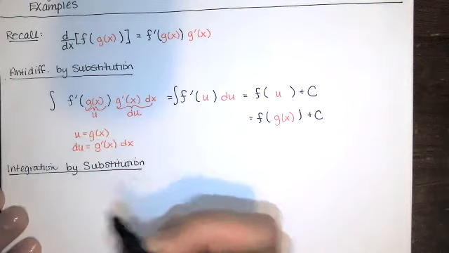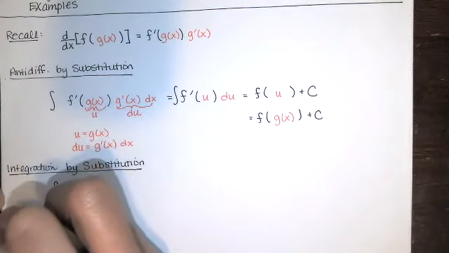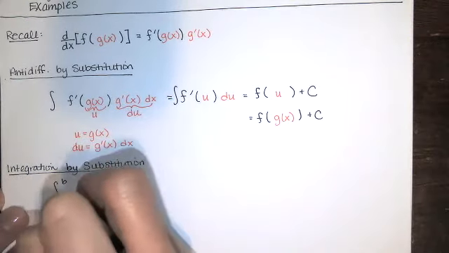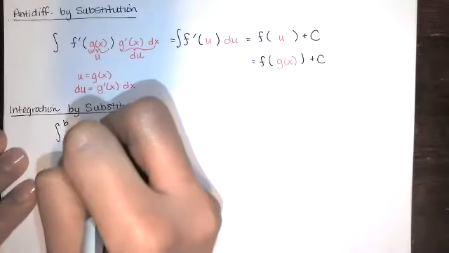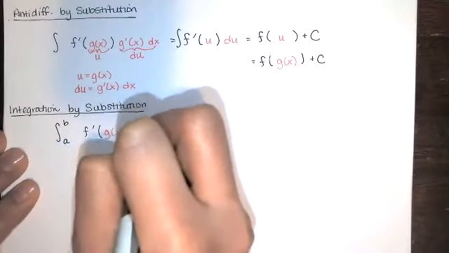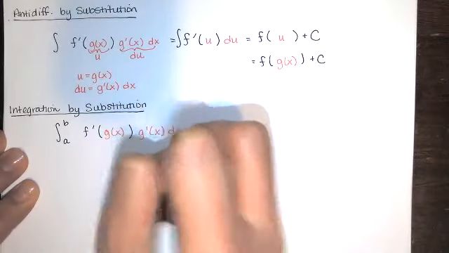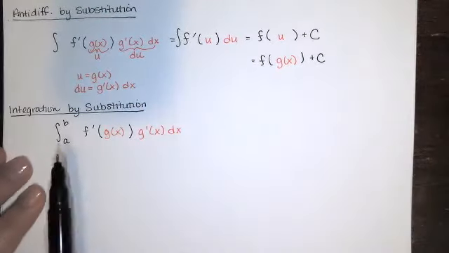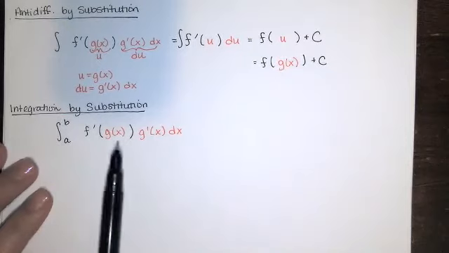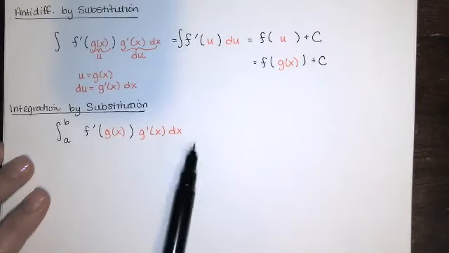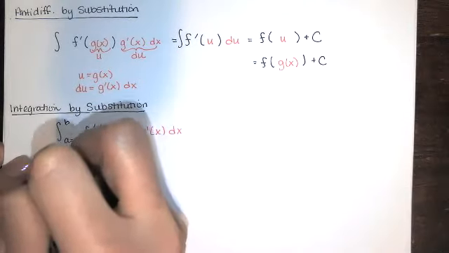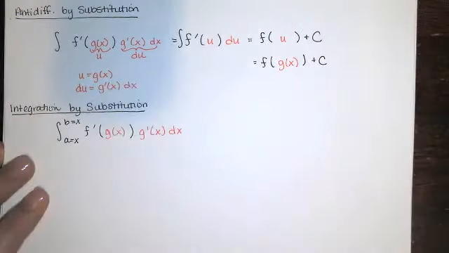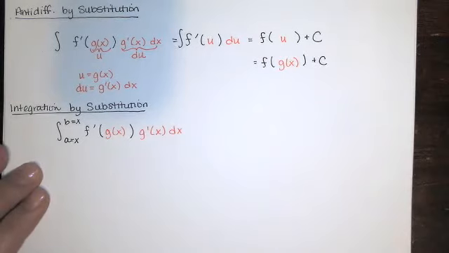Whenever we're evaluating a definite integral, we start with this. But now these represent x values. We're integrating this function and we're saying integrate from x equals a to x equals b. And that could represent area under a curve.